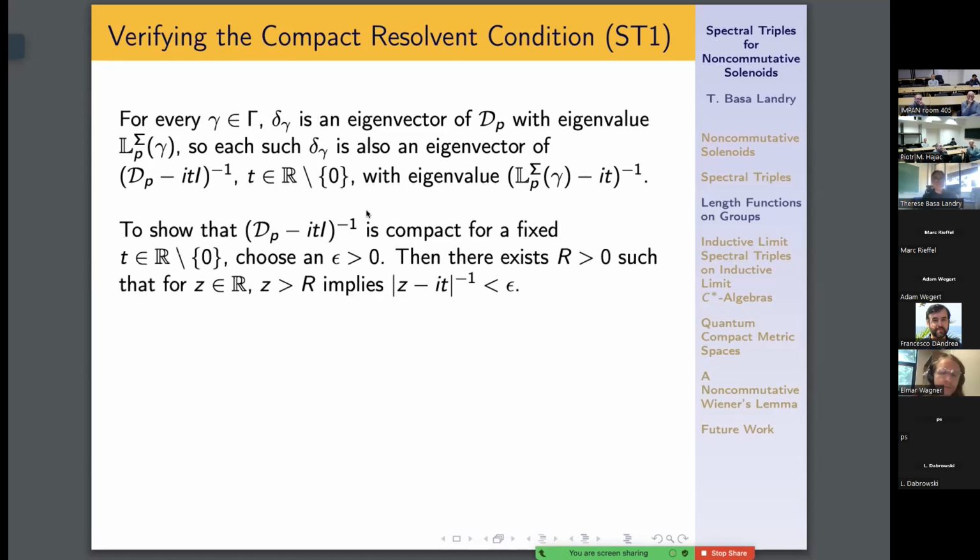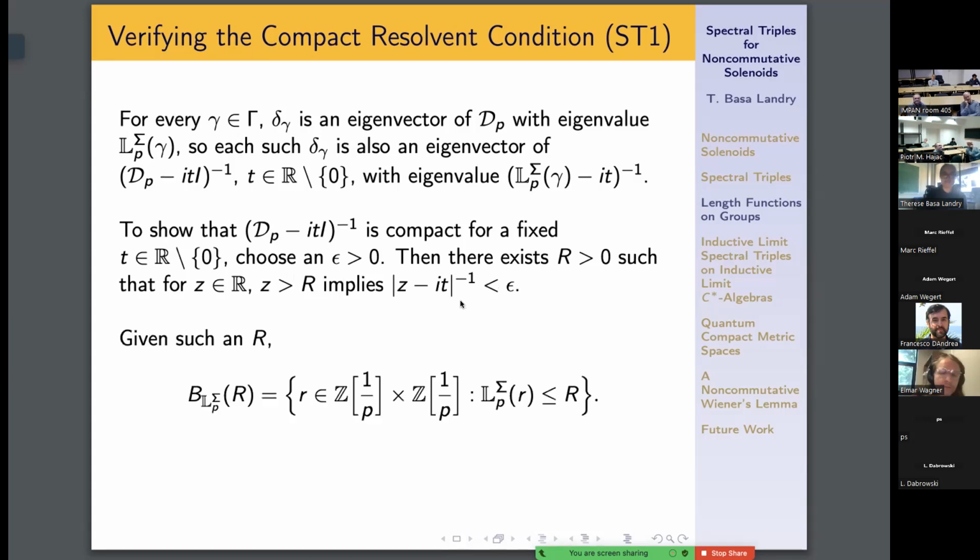And so to show that this is compact, for some fixed non-zero value of t, choose some epsilon greater than 0. Then there exists some positive real number r, so that any z bigger than this r implies that 1 over z minus it is less than epsilon.